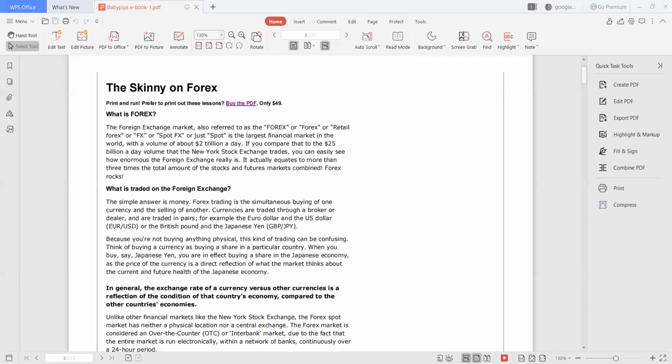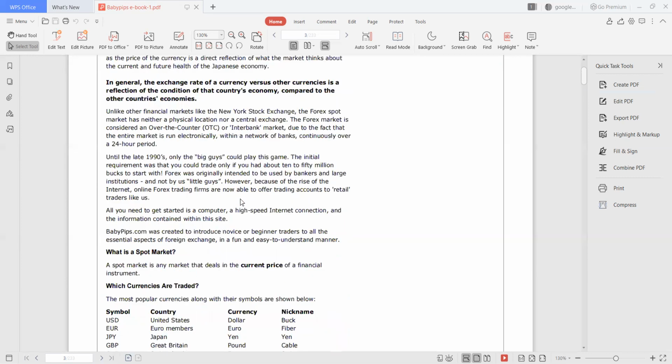So there are different things that are traded on the market. We have also cryptocurrency: Bitcoin, Ethereum, USDT, Litecoin, Dogecoin, a lot of them. We'll talk about all that later on.